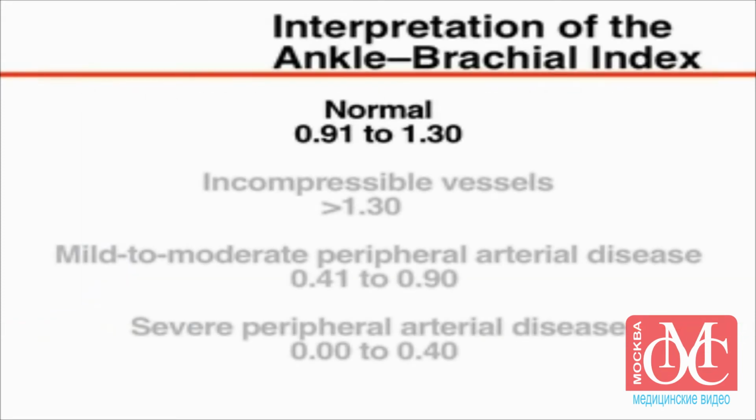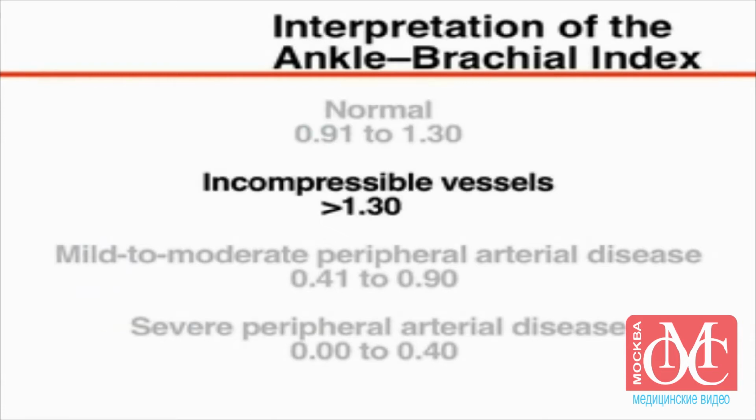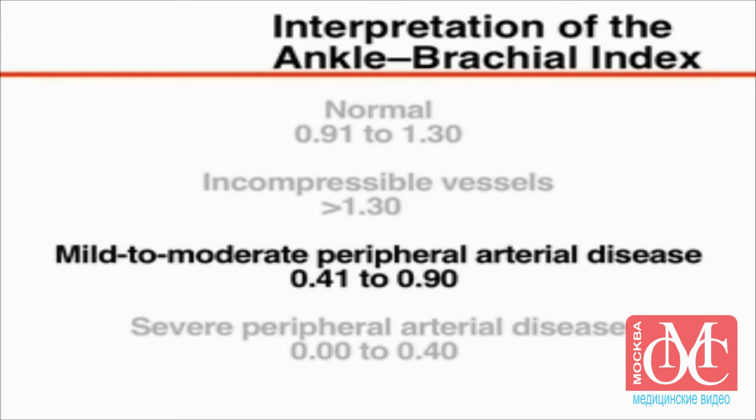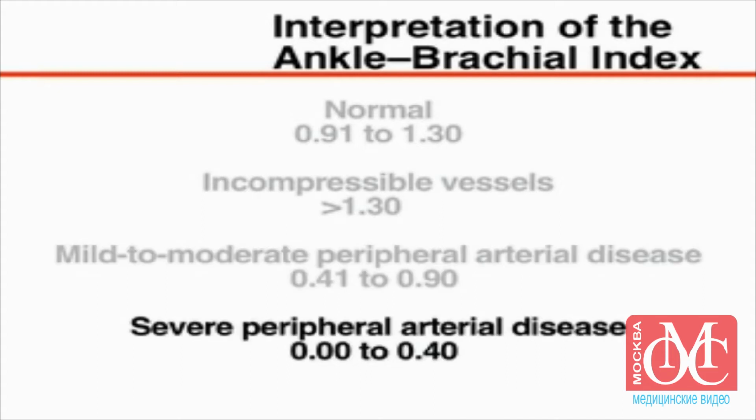A normal ankle brachial index at rest ranges from 0.91 to 1.3. Above 1.3, you should suspect that the patient has incompressible vessels. Decreases in the ankle brachial index are consistent with peripheral arterial disease. Mild to moderate peripheral arterial disease usually produces an ankle brachial index in the range of 0.41 to 0.9.